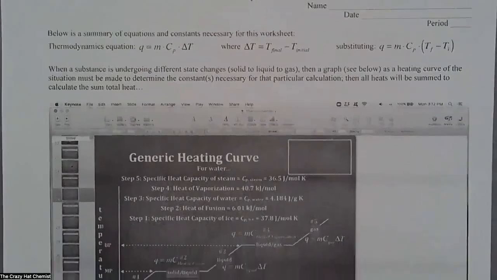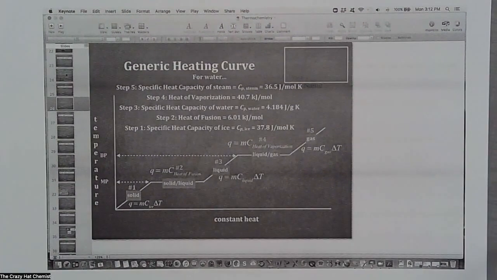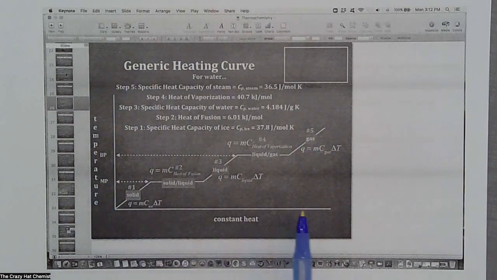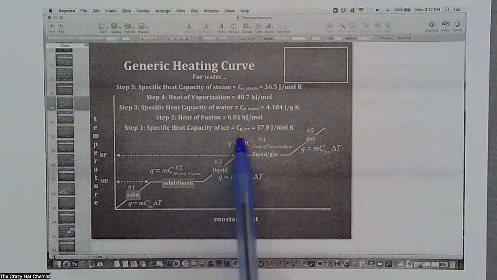The other thing I'm going to remind you of is this generic heating curve. This is coming directly from my video lecture series on this unit of thermochemistry. You should know that along the y-axis is temperature, along the x-axis is heat, and then we have our idealized generic graph. This generic graph goes with these constants right over here. We have a solid, liquid, and gas as far as states of matter.